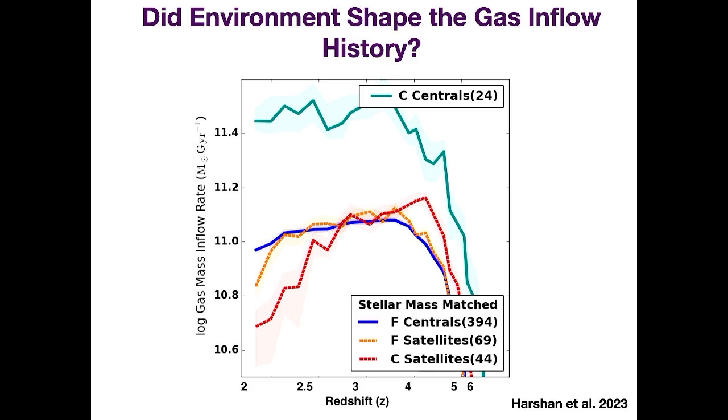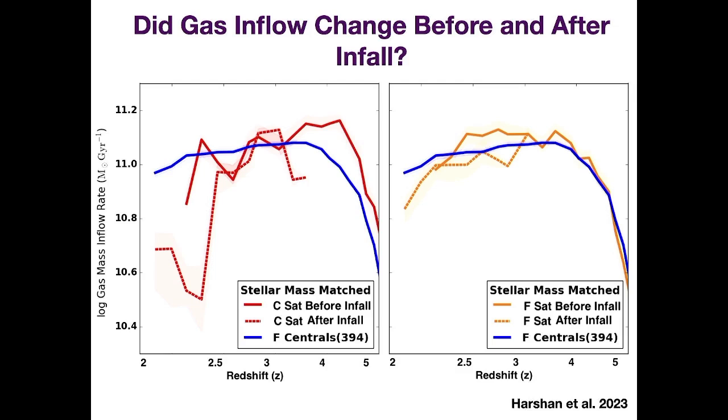So we go on further to look at what is causing this decline in gas inflow rates, and when it starts to change. So now we have plotted the gas inflow rates before and after infall into the halo that the galaxy was part of at redshift 2.